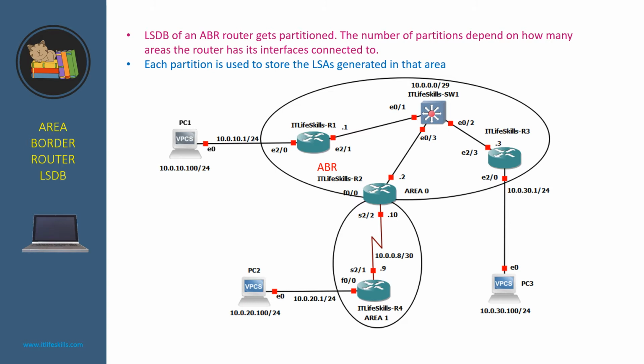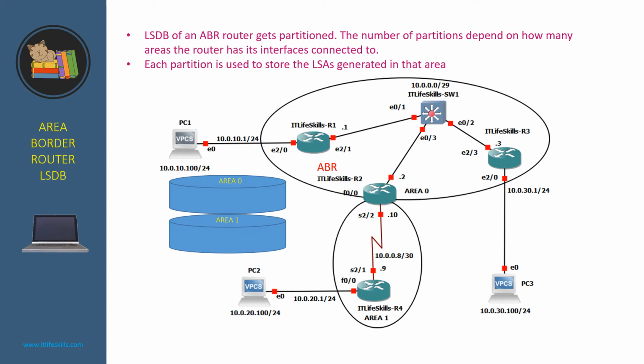The number of partitions depends on how many areas the router has its interfaces connected to. In this case, router 2 has two partitions. The first partition is for area 0 and the second partition is for area 1. Each partition is used to store the LSAs generated in that area.